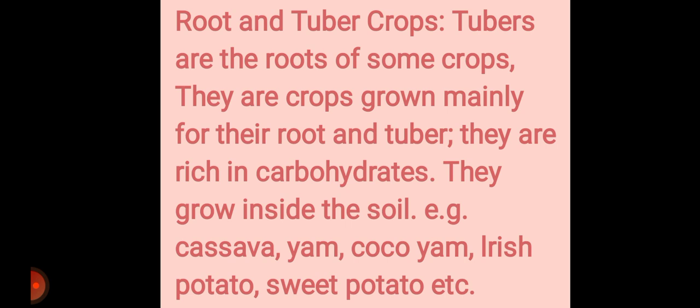Examples of these roots and tuber crops are cassava, yam, cocoyam, Irish potatoes, sweet potatoes, and the rest of them. There are lots of roots and tuber crops. Remember, they are rich in what?